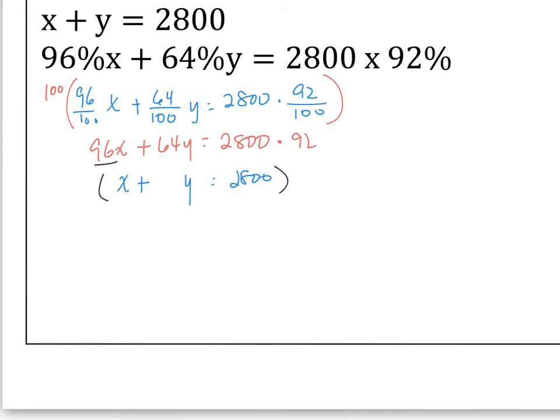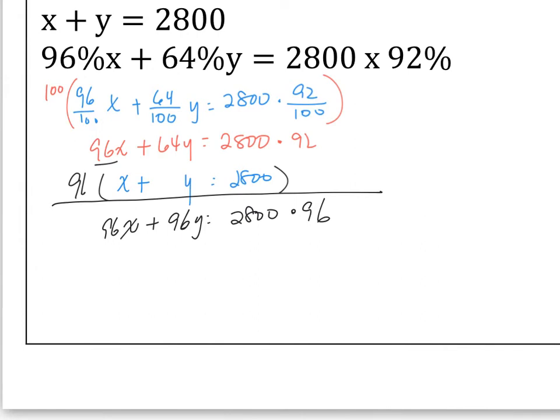So this one, I'll just multiply by 96. And then it will be 96x plus 96y equal to 2800 times 96.